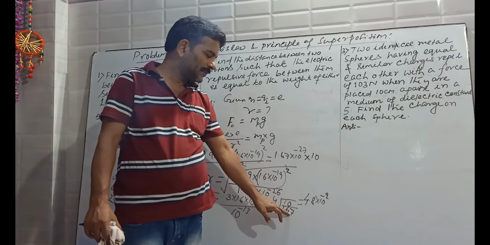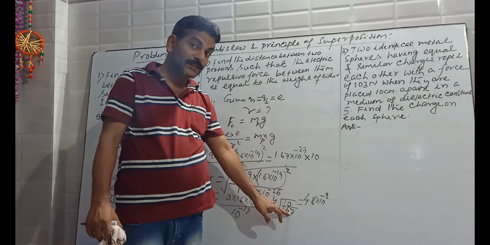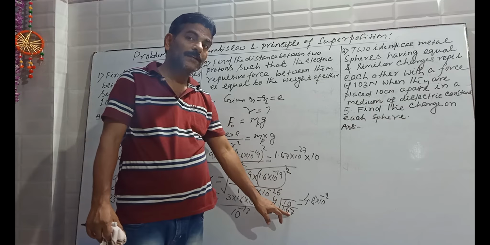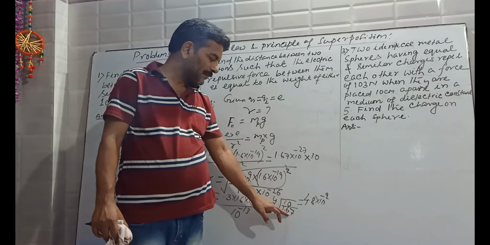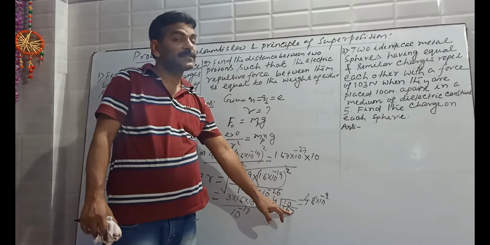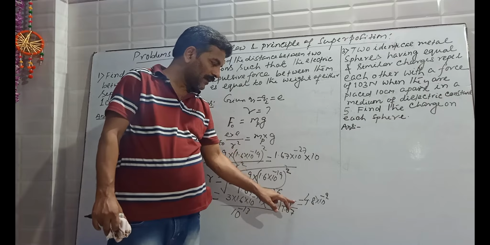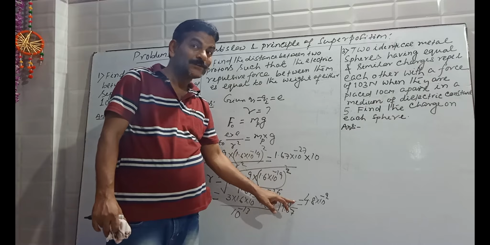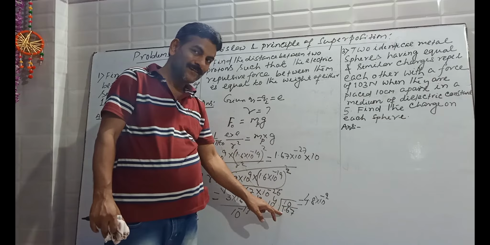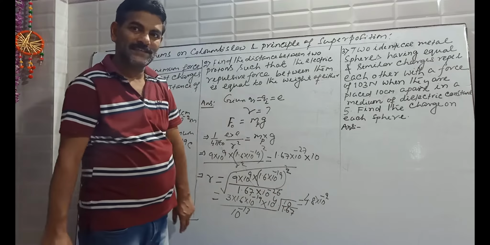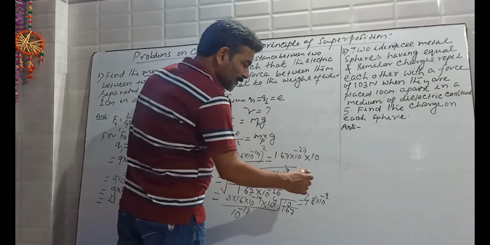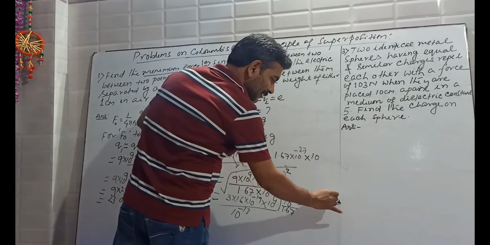We can write 1.67 means how much? 16.7 into 10 to the minus 1. That 10 to the minus 1 becomes 100. So 100 by 16.7. So root over of 100 is 10.